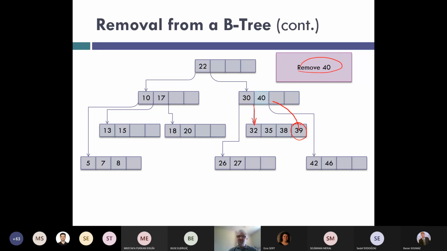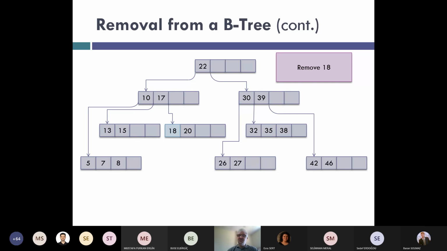We move 39 in place of 40 and delete 39 from this place. And we are done since this node is more than half full, right? We replace 40 with the in-order predecessor. We have this situation and we are done.